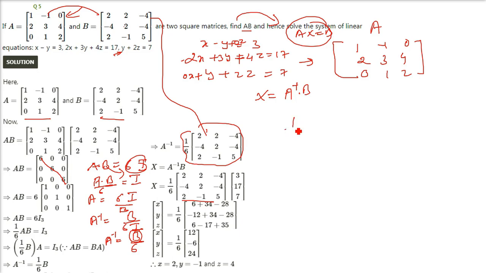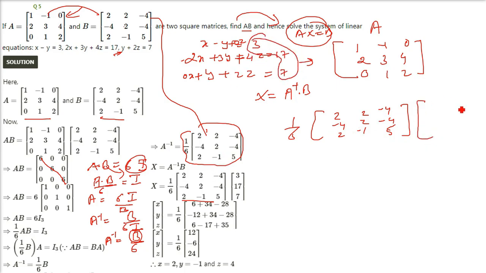B is not what is given; this is just B by 6. So B is the actual matrix we are taking, divided by 6. And the B in this case is not that B which is given as matrix, it is the one we have found out, 3, 17, 7. And then we multiplied this. So what do you get? X, Y, Z, these are the values. This is how we are going to solve it.